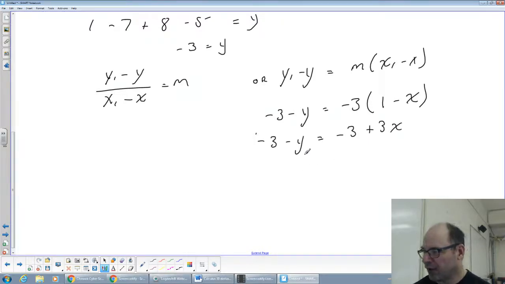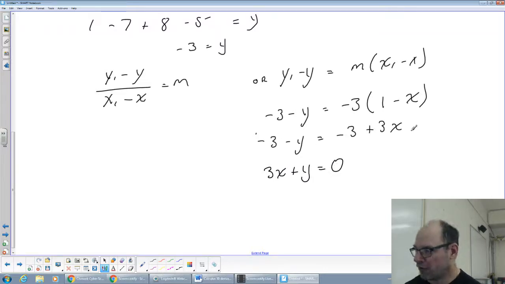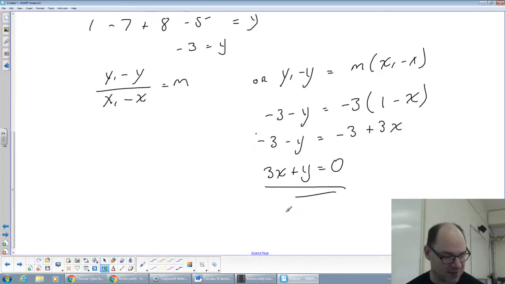Okay, so the 3's are going to cancel out. Bring the y over here. We're going to get 3x plus y equals 0. If we bring everything over to this side, add y, add 3. Okay, that's the equation of the tangent line.